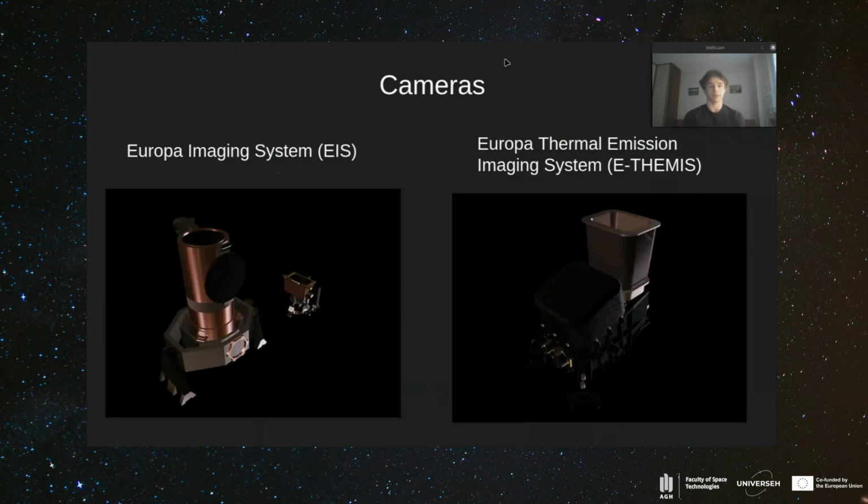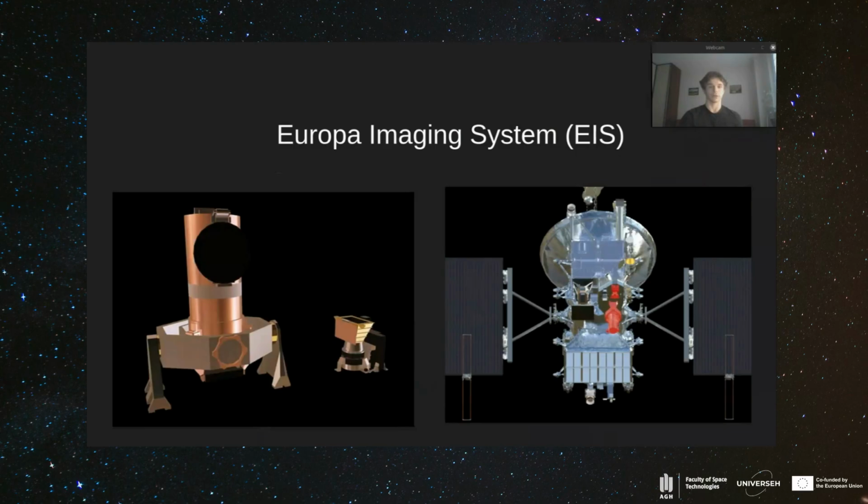And what's the difference between those 2 cameras? It's quite simple, because EIS is responsible for the visible light spectrum, and E-THEMIS is responsible for the infrared light. In depth, you can see also here on the left, the model on the right, the red is the location of the device on the spacecraft, and EIS consists of 2 cameras, WAC wide angle camera and NAC narrow angle camera.